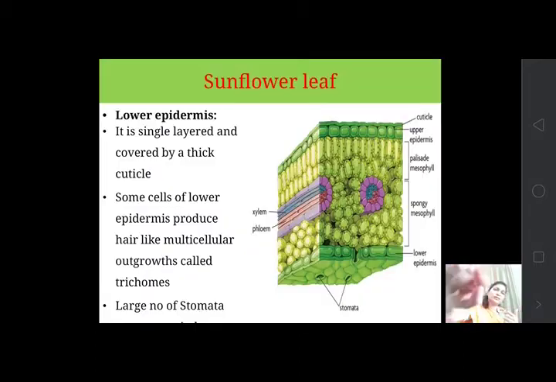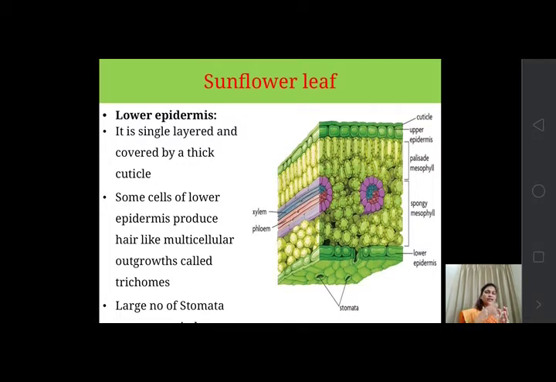So let's look at the lower epidermis. You can see the lower structure of that figure. It shows the lower epidermal tissues, which are single layered and covered again by a protective layer, the cuticle. Some cells of this lower epidermis also produce hair-like multicellular outgrowths called trichomes.